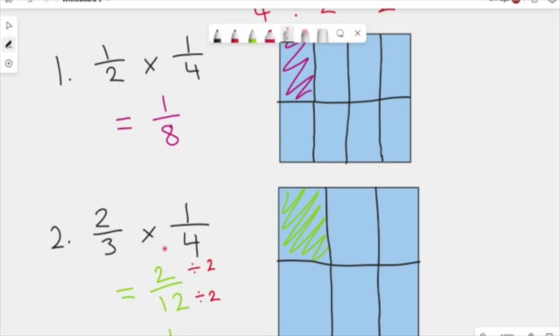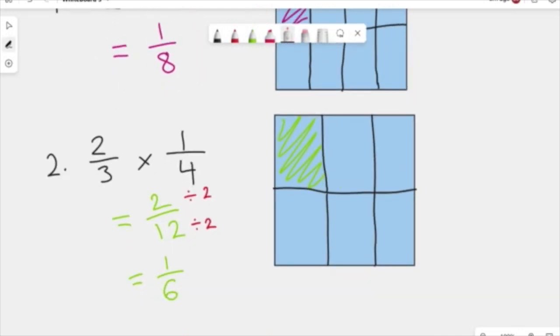So we notice here to get 1/8, we multiplied both numerators. 1 times 1 gave us 1. And we multiplied the denominators, 2 by 4, and that gave us 8. Hence, 1/8. Now, let's see if we got the same in the second example.